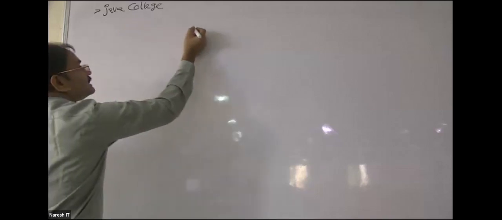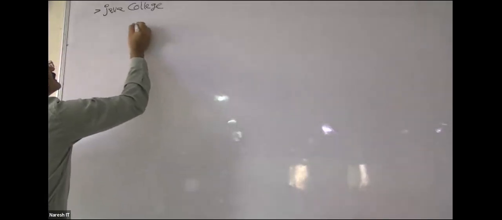Java college. Correct? When I run Java college, what happened? First step, what is created? Scanner object is created. So now this SCN variable is created.